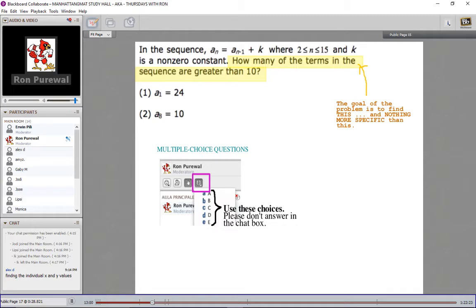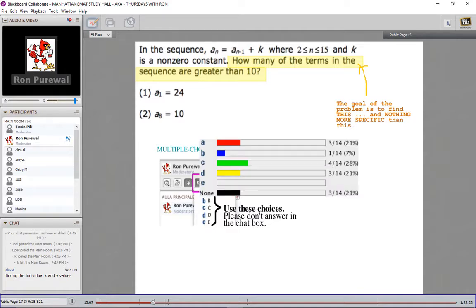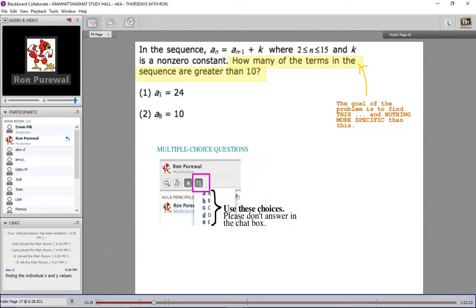Okay, let me show you where we're at right now. Here's the current crop of responses. Kind of all over the place. Nobody's picking E, but not really a consensus in what's left here. Let me give you a hint.